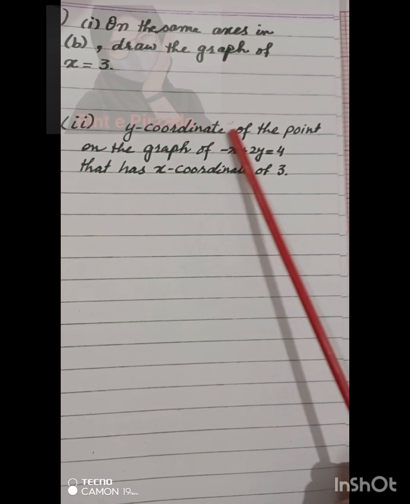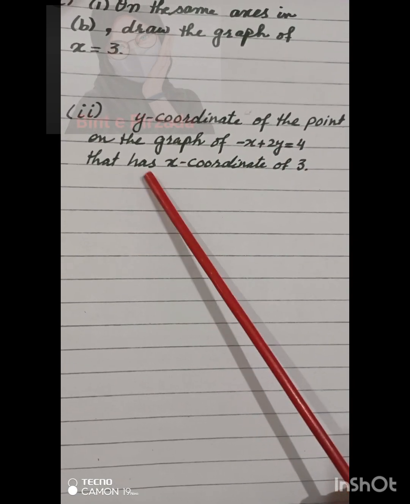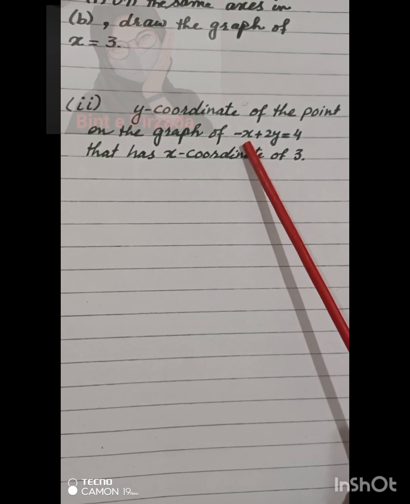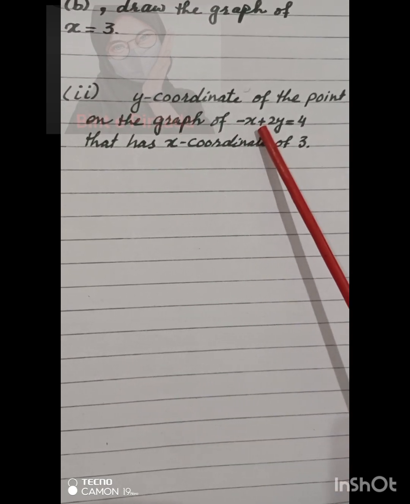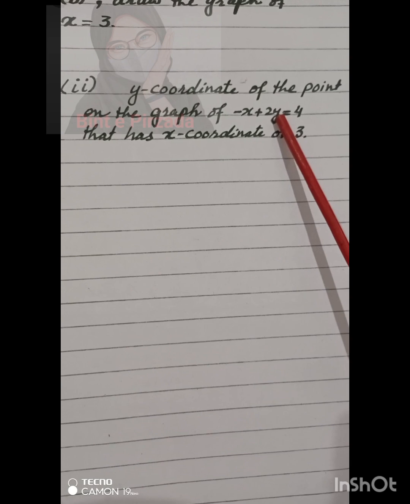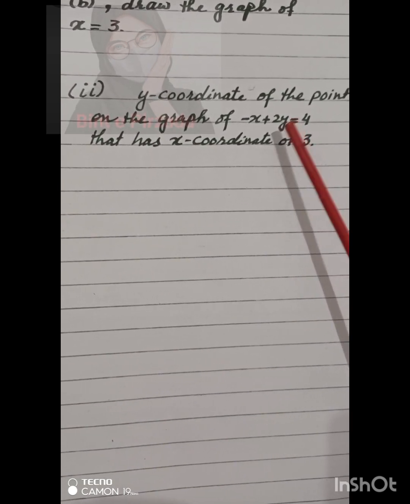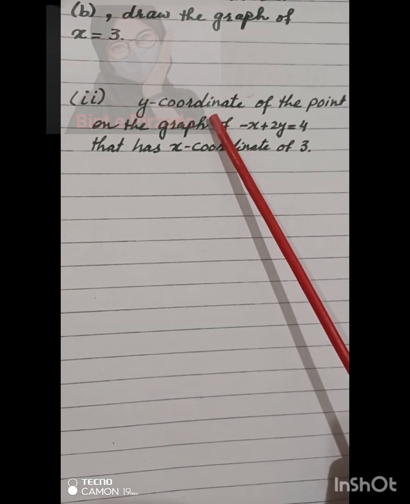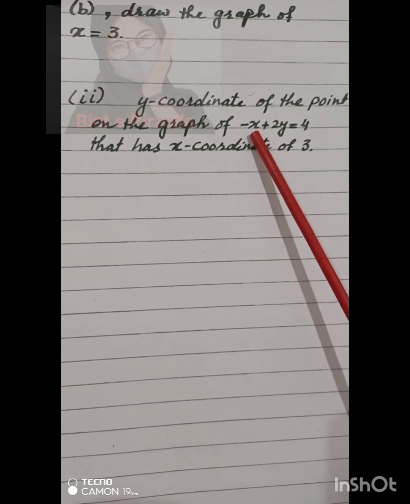We have to find the y coordinate of the point on the graph of minus x plus 2y is equal to 4 that has x coordinate of 3. ये सिर्फ स्टेटमेंट आपको अंडरस्टैंड करने की ज़रूरत है. सबसे पहले अब आपके पास एक ग्राफ पे दो लाइंस हैं, so you have to look at the graph of minus x plus 2y is equal to 4. आपको x is equal to 3 का ग्राफ नहीं देखना, बल्कि आपको ग्राफ ऑफ द इक्वेशन देखना है minus x plus 2y is equal to 4, and you have to search a point on this graph having x coordinate 3. और फिर उसी पॉइंट का y coordinate क्या होगा, we have to find the y coordinate of that point from the graph of minus x plus 2y.